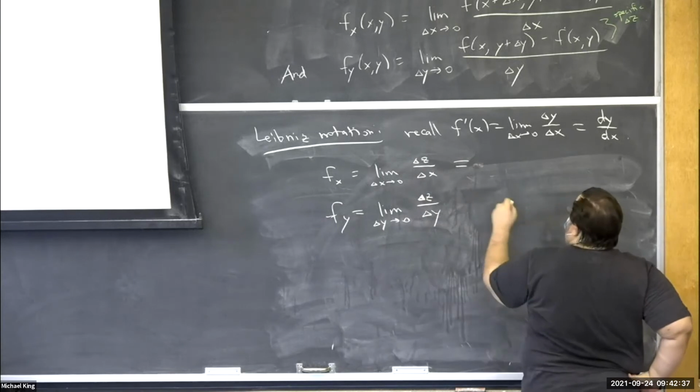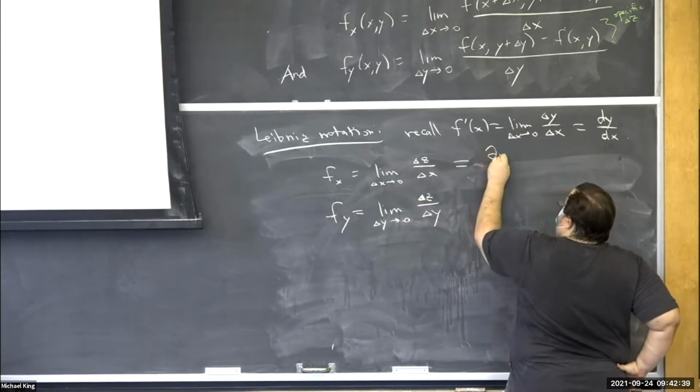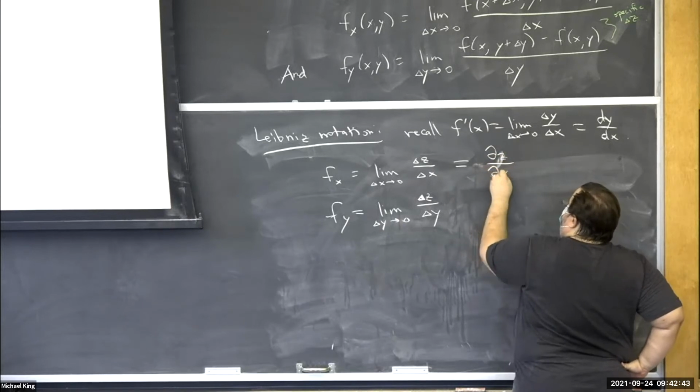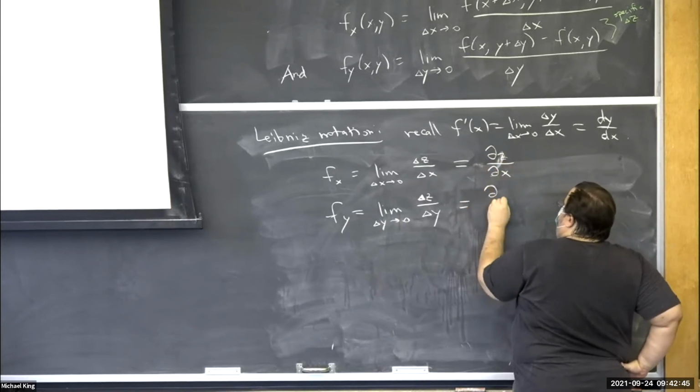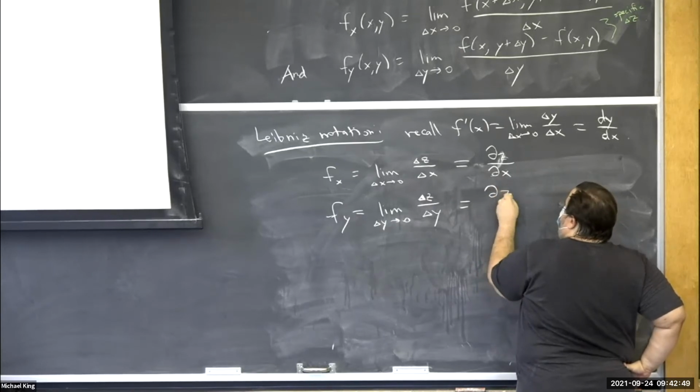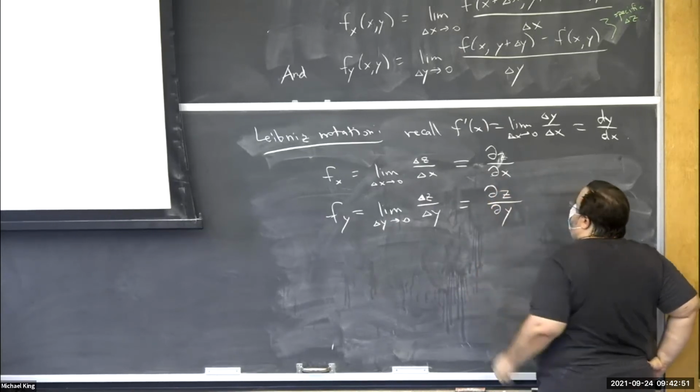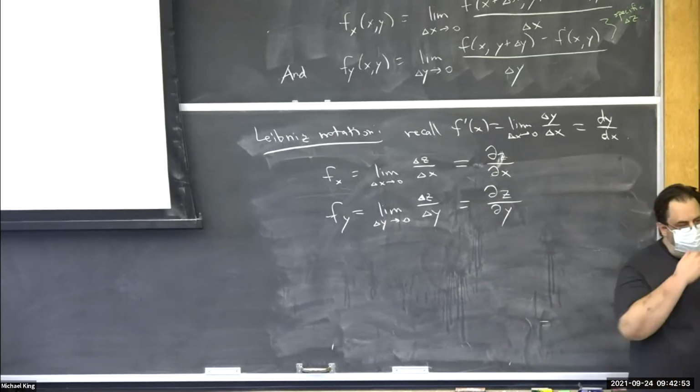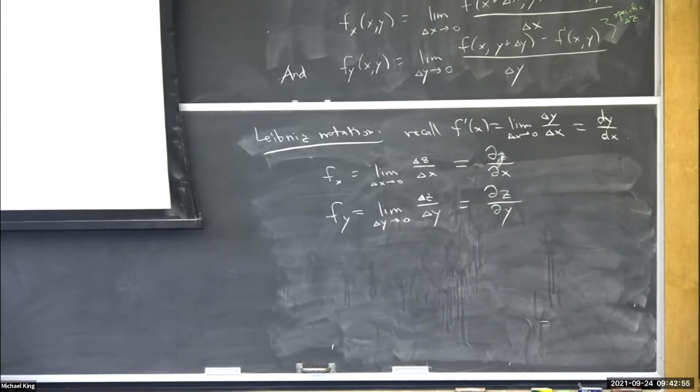So instead of d, we use this scripty, this fancy cursive d, I don't know. Doesn't even look like a d really. So we write dz dx or dz dy, but we have to use a different kind of d to indicate that this is a function.